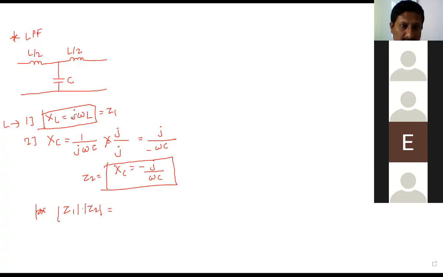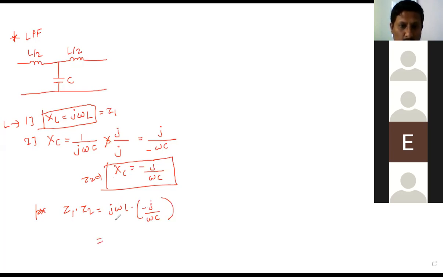What is that? If you are taking the mod, that is j omega L into this negative goes. Or rather than saying mod as it is, let us say multiplication here. Even if you multiply, your answer will come. What will Z1 into Z2 be? j omega L into minus j upon omega C.